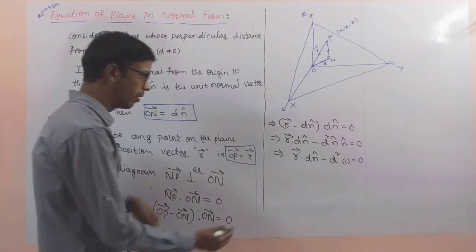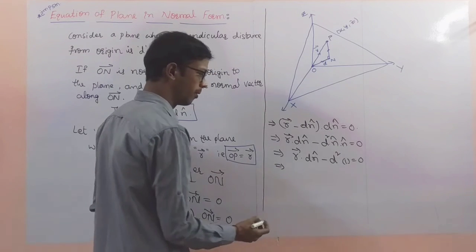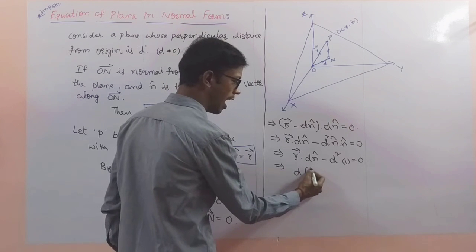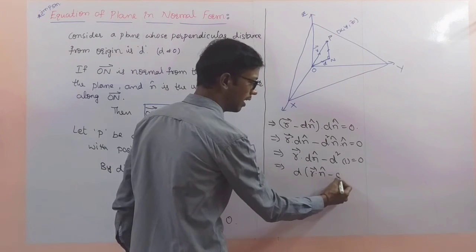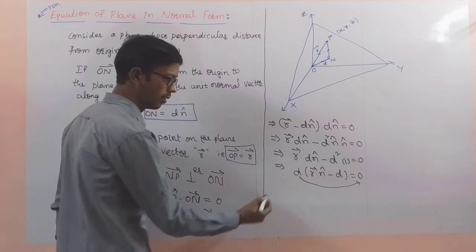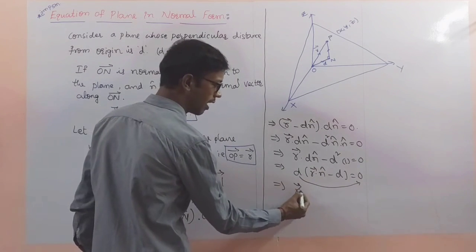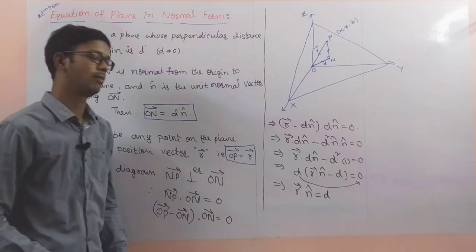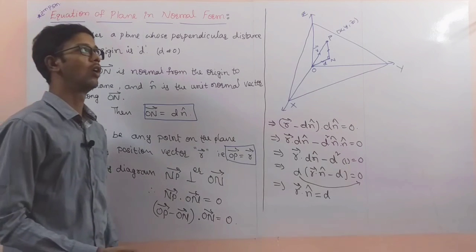Next, make the simplification here. If we take d common, d times (R bar dot n cap minus d) equals 0. This d goes to the right side and becomes 0. So R bar dot n cap equals d.